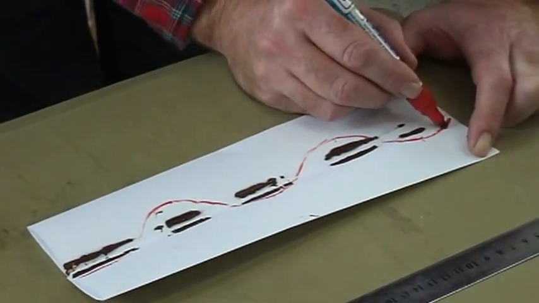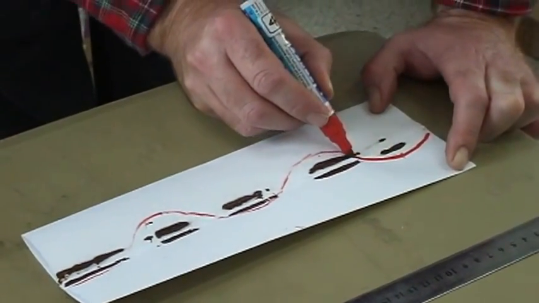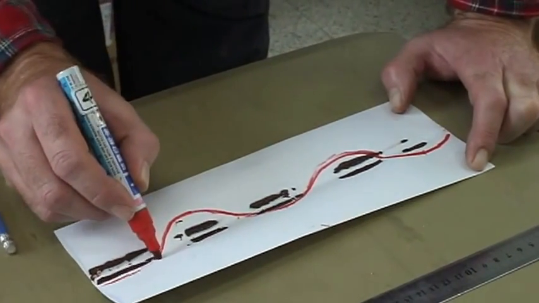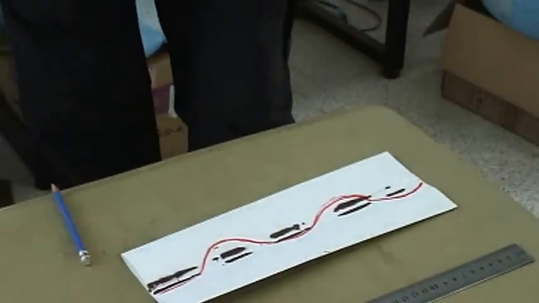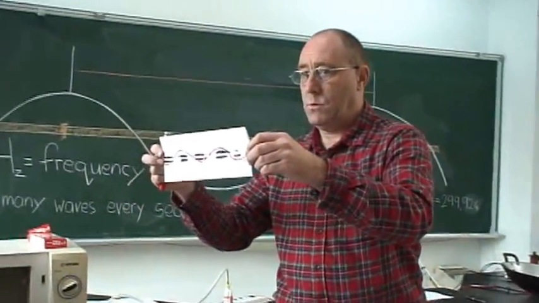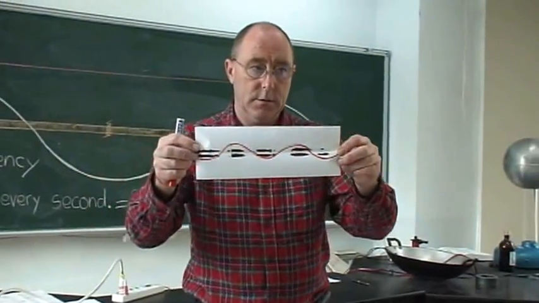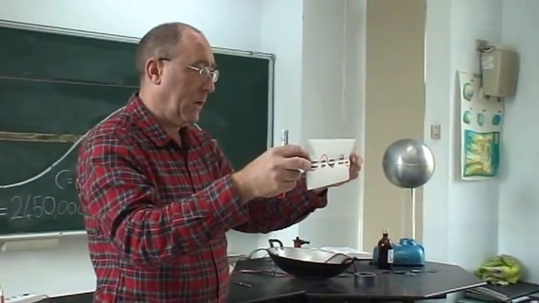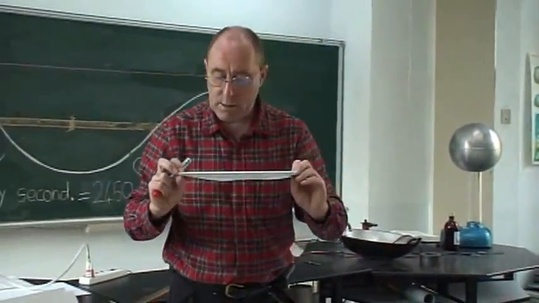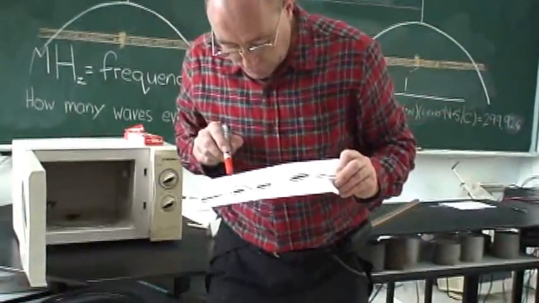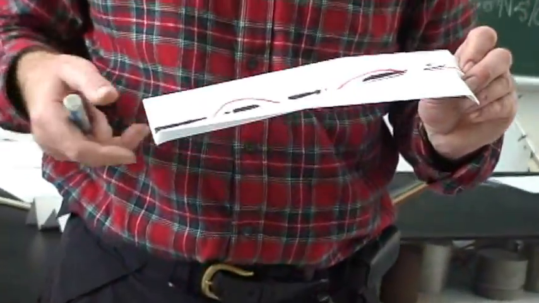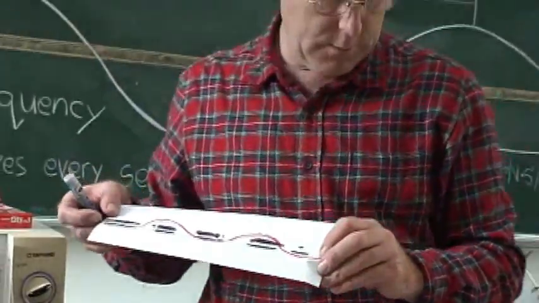Now there we are. If you could see microwaves, that's what they would look like. Now I've got to try and choose the top and the top, or the bottom and the bottom. It doesn't matter. And then we're going to measure.